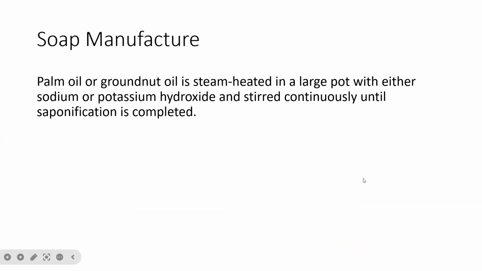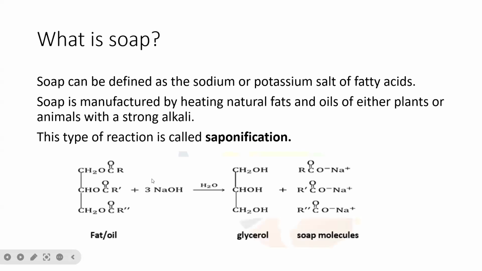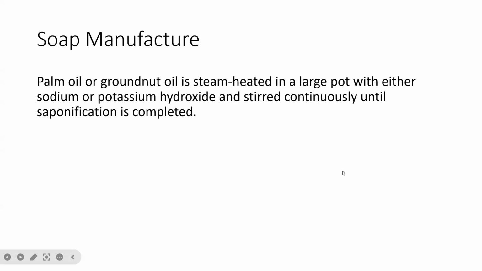Now, let's look at the manufacturing process of soap. Palm oil or groundnut oil or any of these triglycerides is steam heated in a large pot with either sodium or potassium hydroxide solution mixed in it.